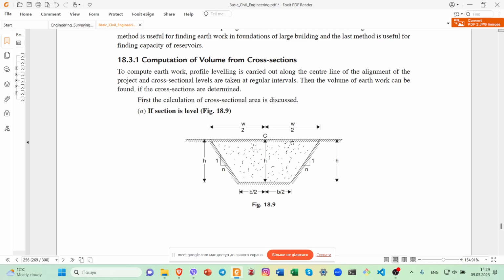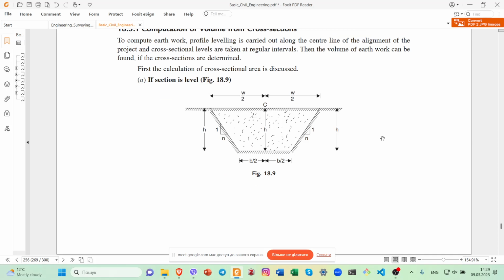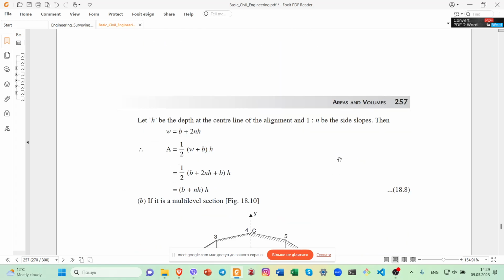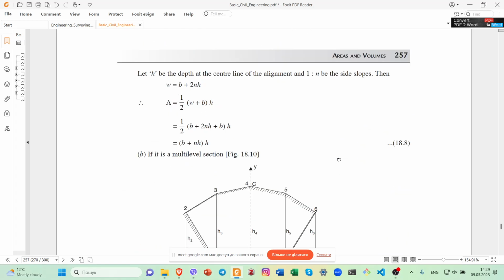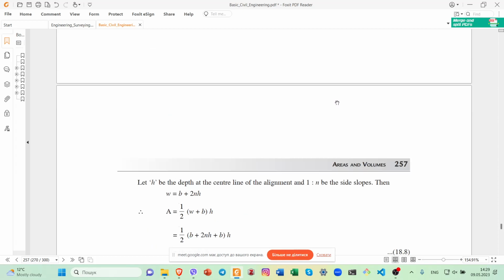If the section has the shape and size as in figure 18.9, then we let H be the depth of the center line of the alignment, and 1 to n be the side slopes.